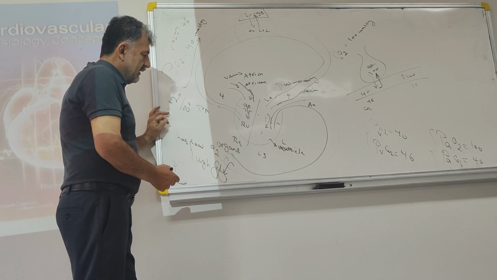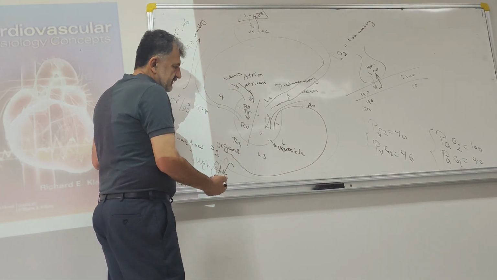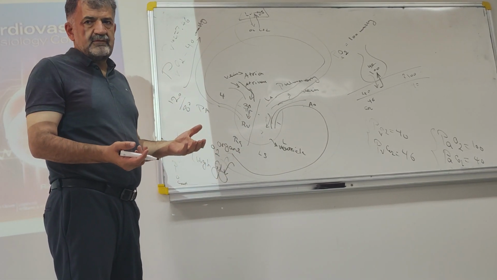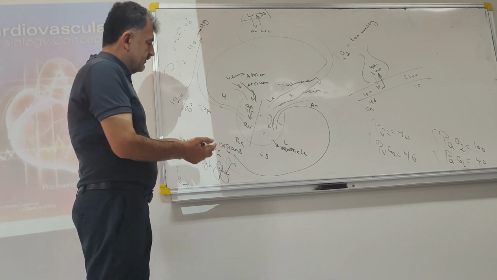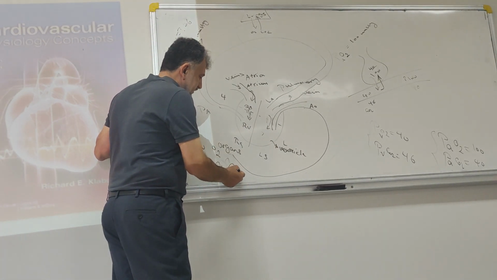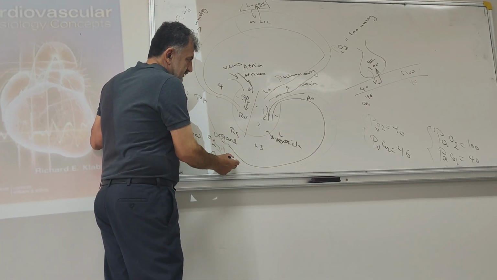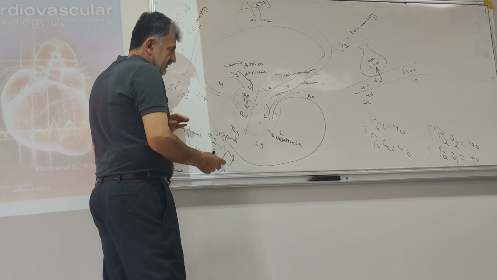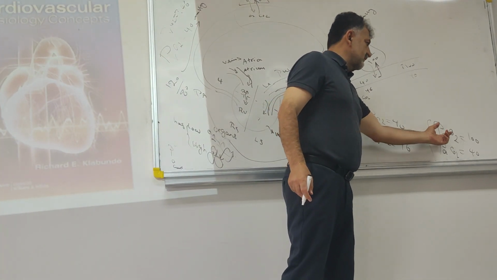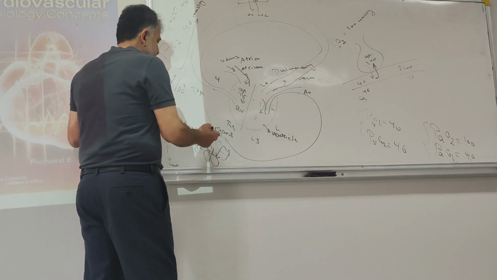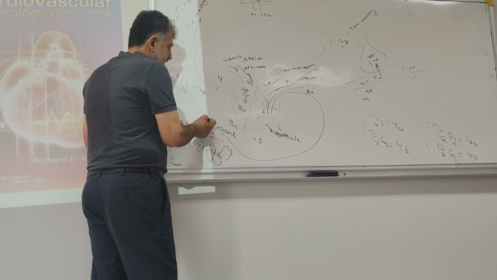Because of metabolism, cells produce carbon dioxide, so CO2 moves in this direction. So the oxygen and CO2 that we said was 140 become 40 and 46.